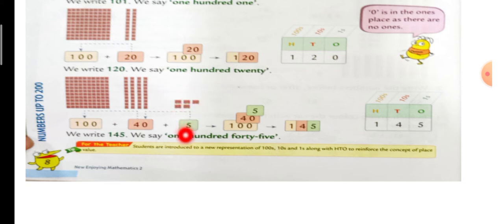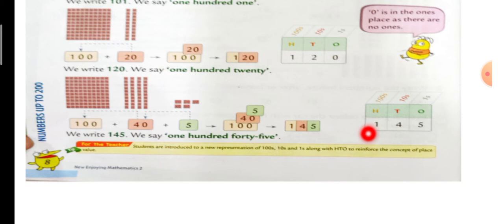There are 5 ones. So now what am I going to do over here is, when I write, I start with ones, that means extreme right, then tens, and then hundreds. So I start with 100. How many 100? 1. So I go in hundreds place and I write 1. I write only number 1. I don't write 100.